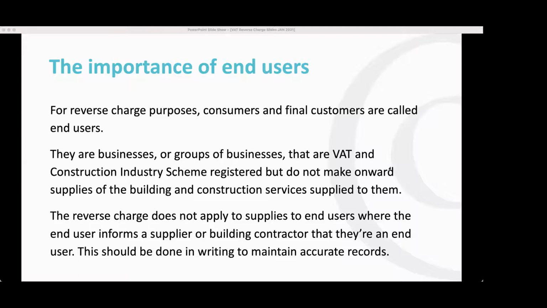A property owning group may buy construction services through one member of the group and recharge those services to either group companies, their tenants, or both. All the members of the property owning group and their tenants will be the end users. The reverse charge should not apply here.